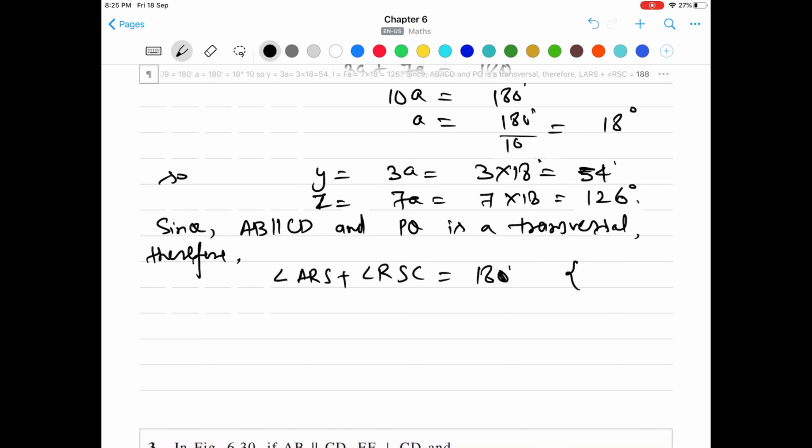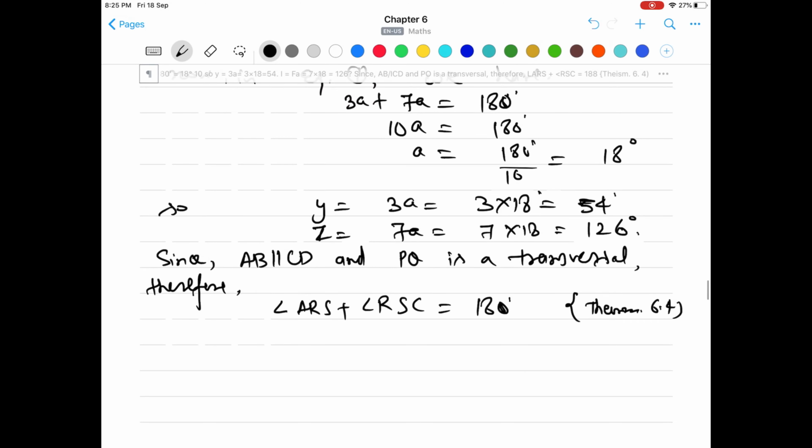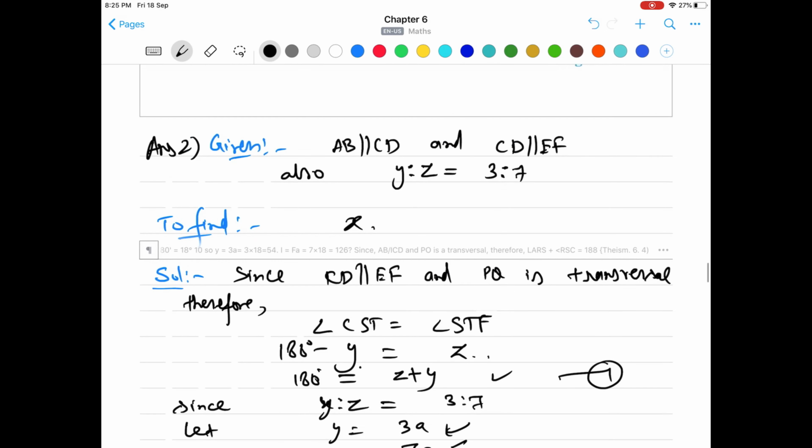This is by theorem 6.4, which says the sum of the angles on the same side of the transversal is 180 degree.